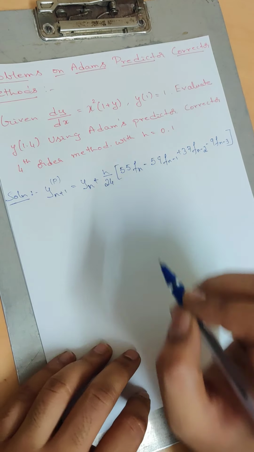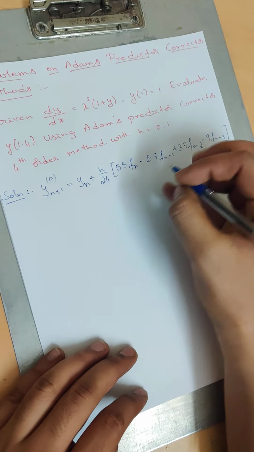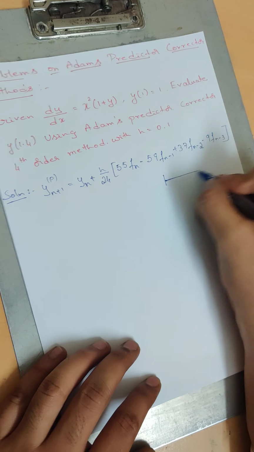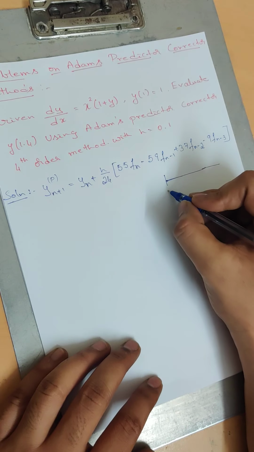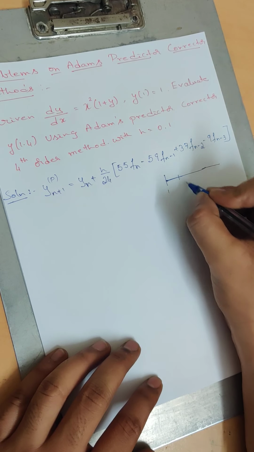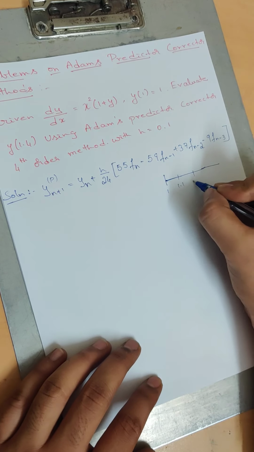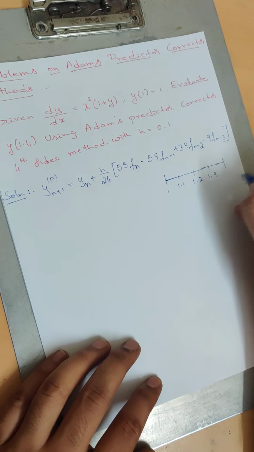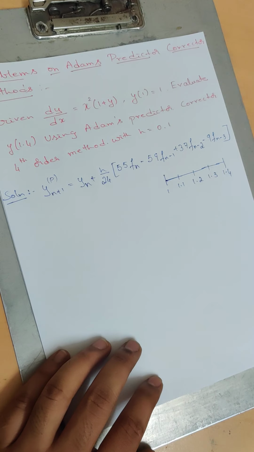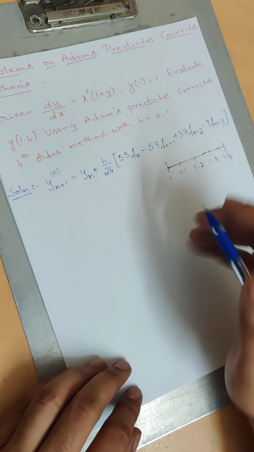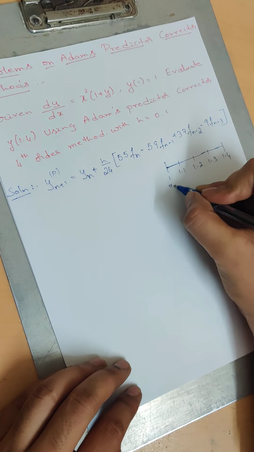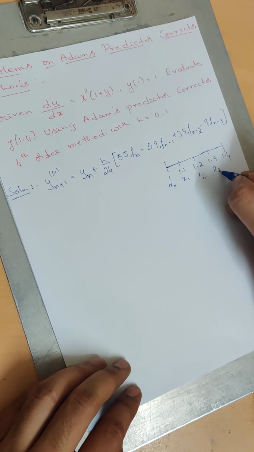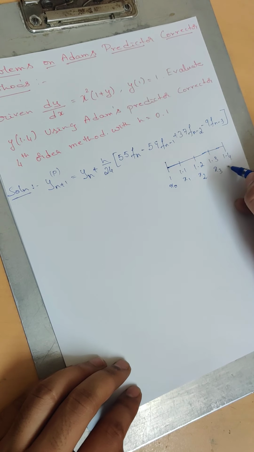So we will divide the given interval. So if we divide the interval, the step size is 0.1, so 1.1, 1.2, 1.3 and 1.4. So this is your x0, x1, x2, x3 and this is your x4.